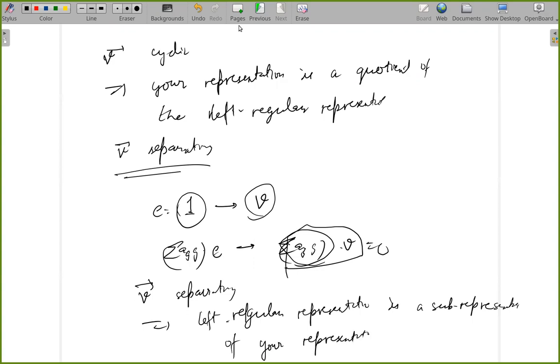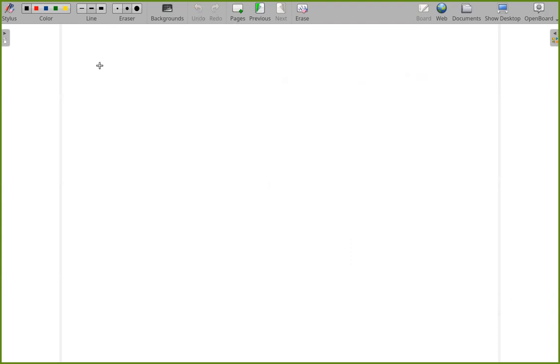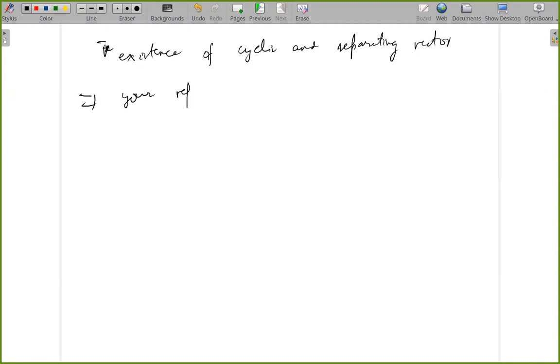So anytime you see this assumption in the literature, let R be a von Neumann algebra with a cyclic and separating vector, the existence of a vector that is both cyclic and separating just means that your representation is isomorphic to the left regular representation.